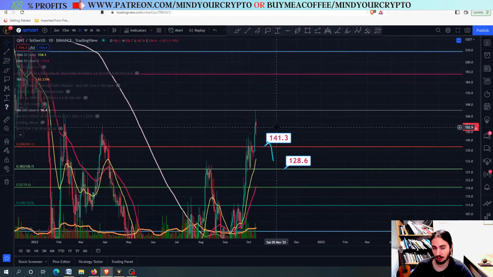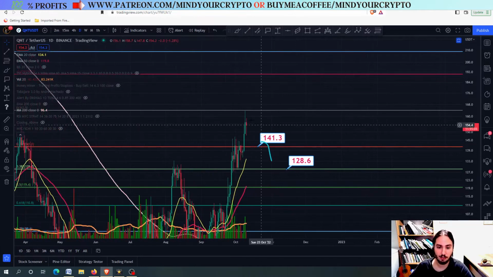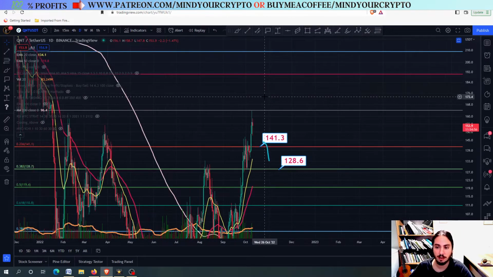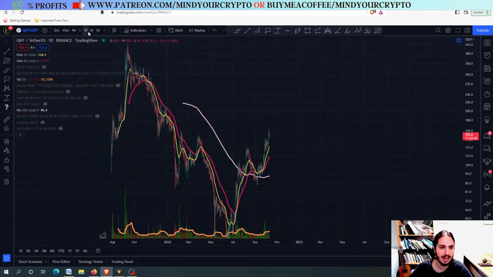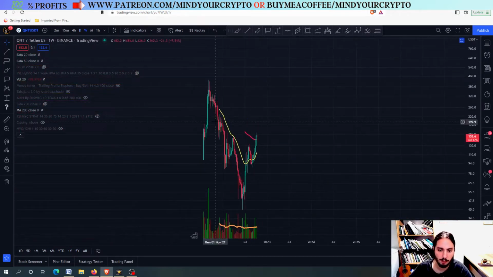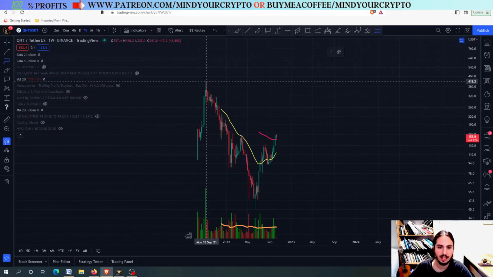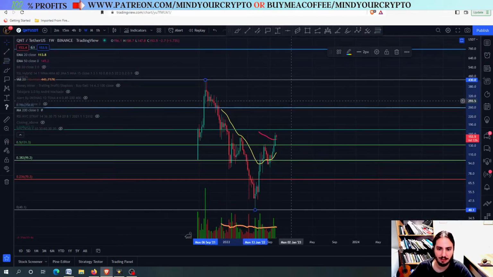Now the rest of this is that if we go all the way upwards, we talked about that 173 is a huge resistance level. If we can close above, then we can pump very hugely into the 200 USDT area. If you go back and draw the fib again from the top to the bottom as we did back here, then we can go all the way up to the 0.786 Fibonacci, which is way higher than the 200 USDT.